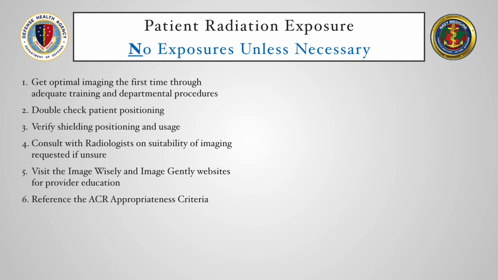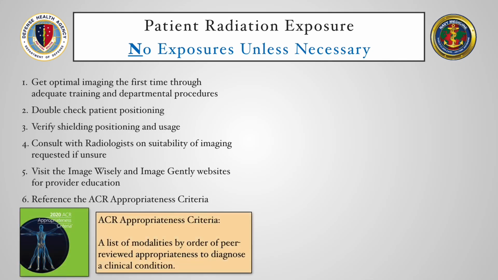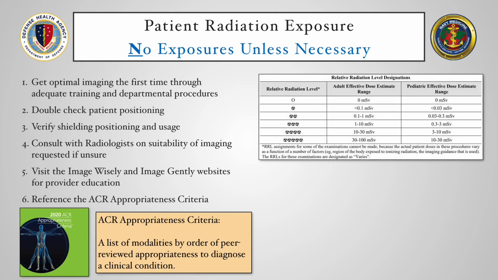With that, let's take a look at the ACR appropriateness criteria, which is a list of modalities by order of peer-reviewed appropriateness to diagnose a clinical condition. To start, the American College of Radiology created a relative radiation level indication to relay ranges of effective doses from diagnostic imaging procedures.